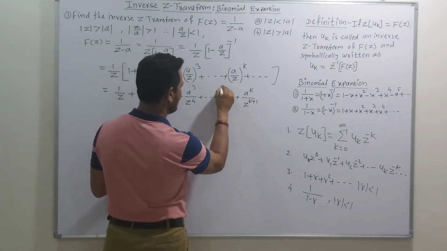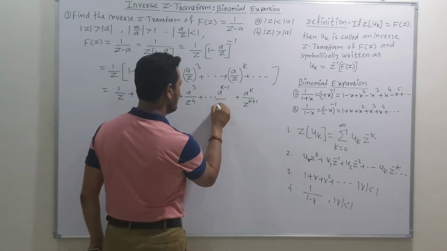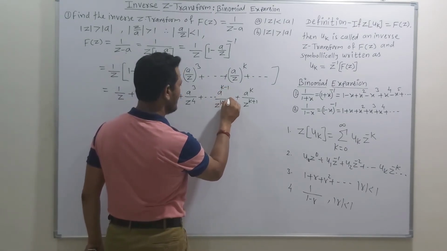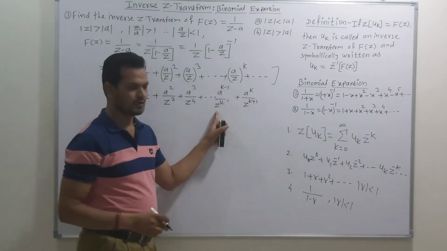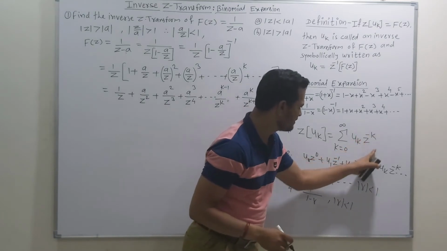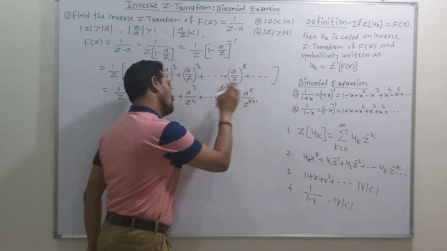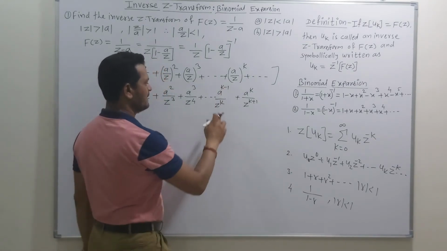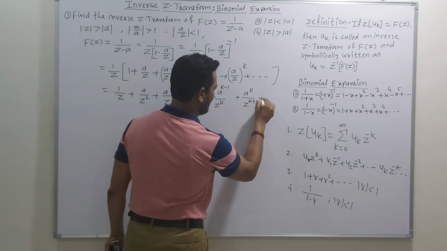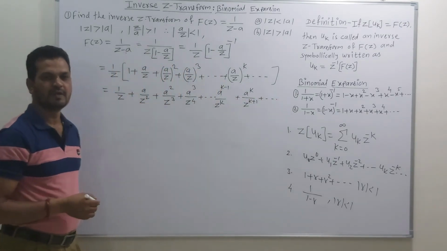So we can write this as a raised to k minus 1 divided by z raised to k, so that we get the kth value. Because our interest is the coefficient of z raised to minus k, here we get the z raised to k plus 1 coefficient. So the previous term is a raised to k minus 1 over z raised to k, and we can continue this up to infinity after multiplying z to the inner side.